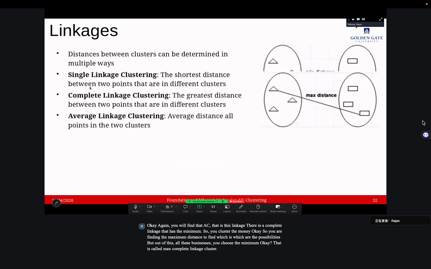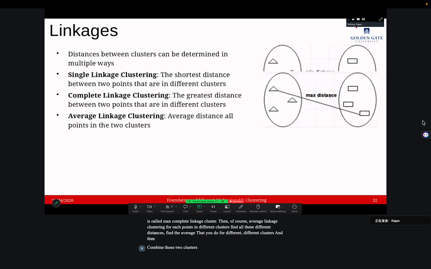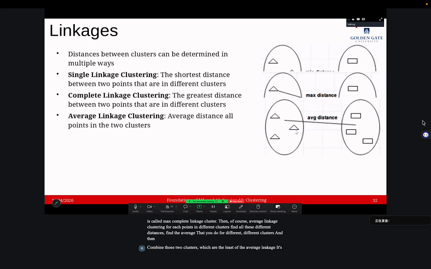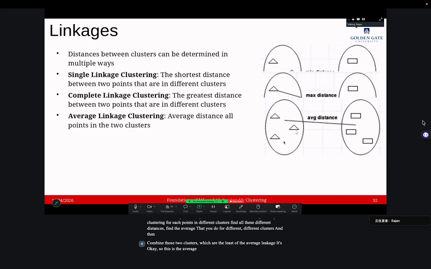Then, of course, average linkage clustering. For each point in different clusters, find all these different distances, find the average. That you do for different clusters. And then combine those two clusters which have the least average linkage.